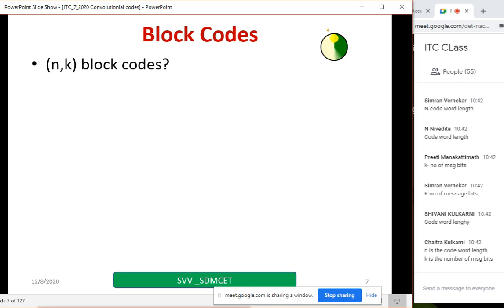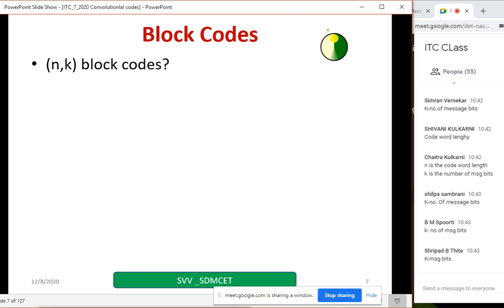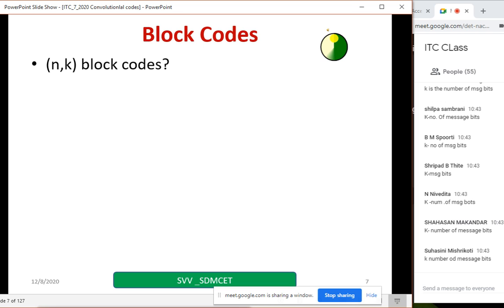Okay, and n is the code word length. K is the number of data bits or message bits, you can say. The majority are typing now. Sripath, Nivedita, and Suhasini are all typing the meaning of n and k. We already spent a lot of time on that. Hope all of you can recall. N means what? K represents what?